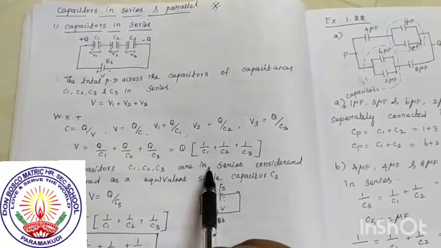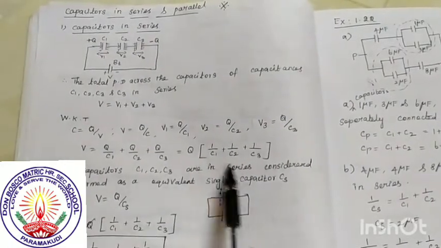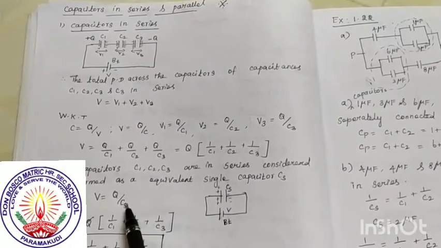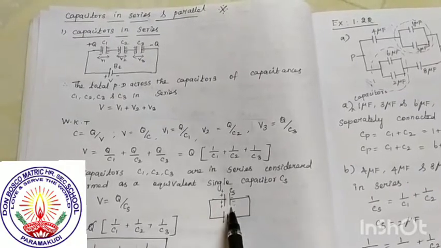So these three capacitors are in series. So consider them to form an equivalent single capacitor, the series capacitor, with suffix S. So V is equal to Q by CS. If you consider any capacitor, one is the positive terminal, another is the negative terminal.